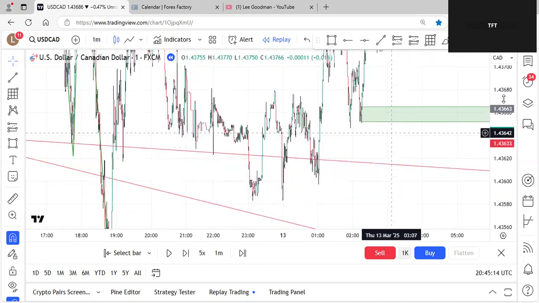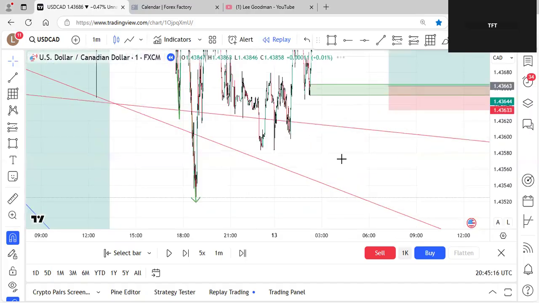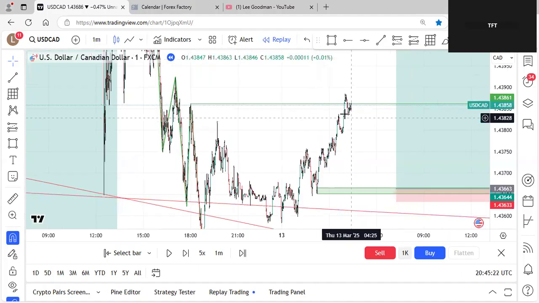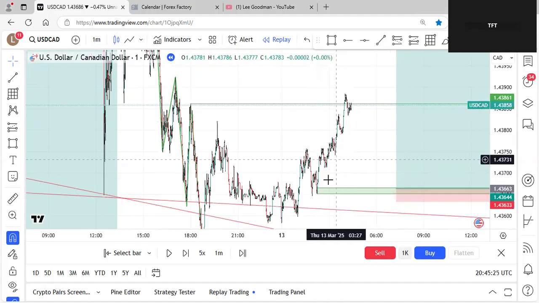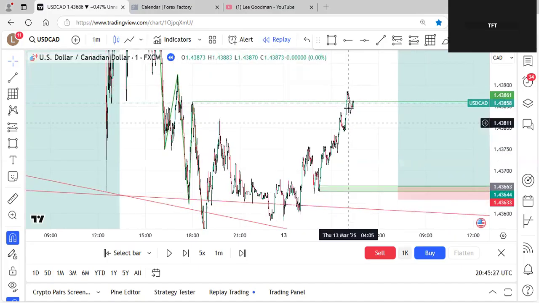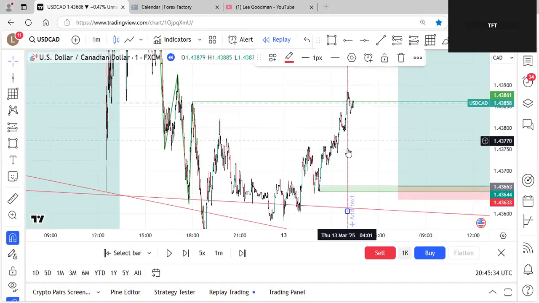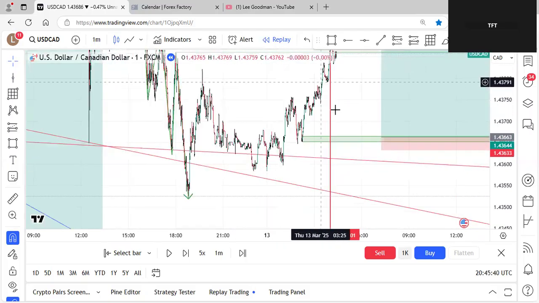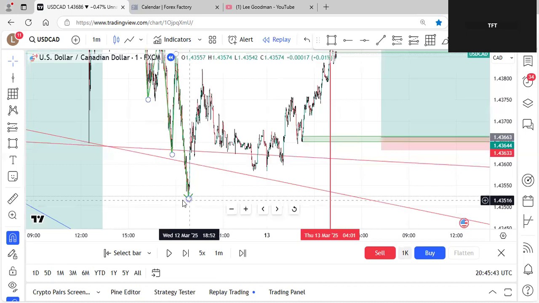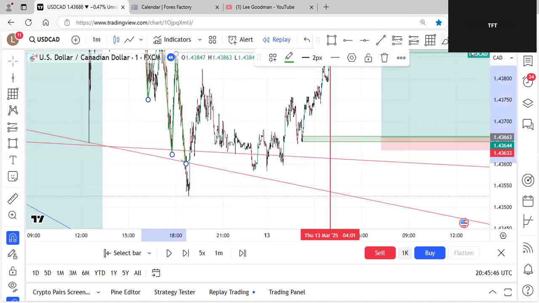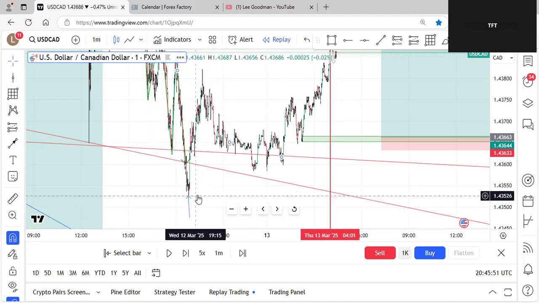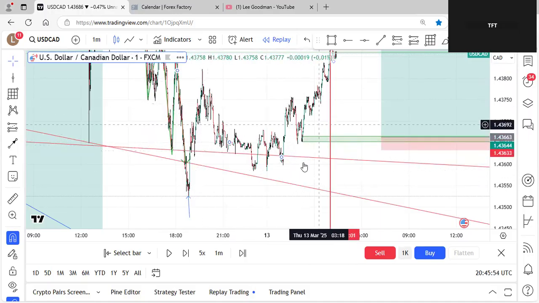As far as I'm concerned, from this point here where it closes above the green line, price can enter from anything from this point where it closes. I'll draw a vertical line so you can see. So from that red line, anywhere back until this low here, this candle here, the low, anything that's not covered is valid.